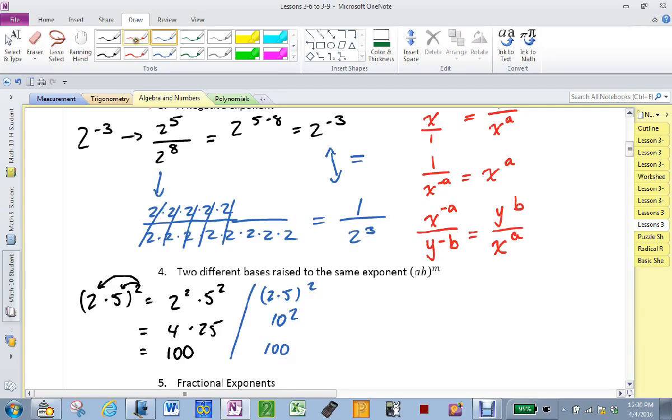But in grade 10, sometimes we use letters, yes? So xy to the a becomes x to the a times y to the a. Is everybody good with that? Yes?